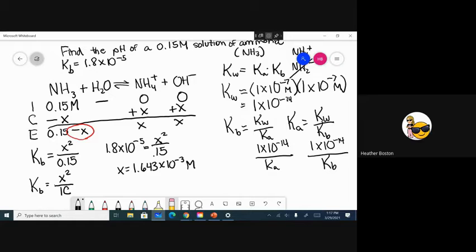Be careful though, in this situation, x is not the concentration of H plus. x is the concentration of OH minus. So if I do negative log of x this time, what am I going to get? I'll get the pOH, right? So I do negative log of 1.643 times 10 to the minus third in my calculator, and I get an answer of 2.784.